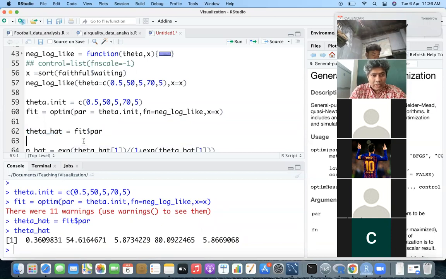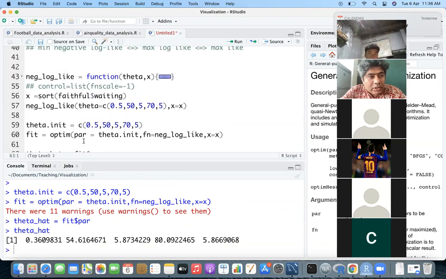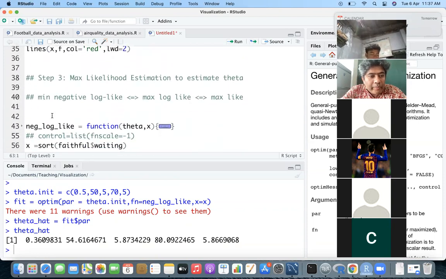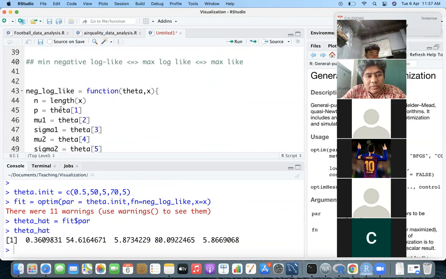Excuse me, sir. Yeah, tell me. Sir, why are we making these transformations for exponential, and why are we doing it specifically for sigma and P only? Because in optim, by default it explores assuming these parameters have a support between -infinity and infinity, the entire real line.